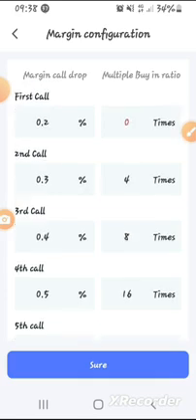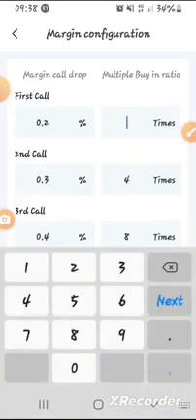Now let's go on to multiple buy ratio. These are the rounds or times which you command the robot to buy on a certain call, on a certain drop. Let's say on the first call, we said when the market drops at 0.2, the robot is going to put $5.